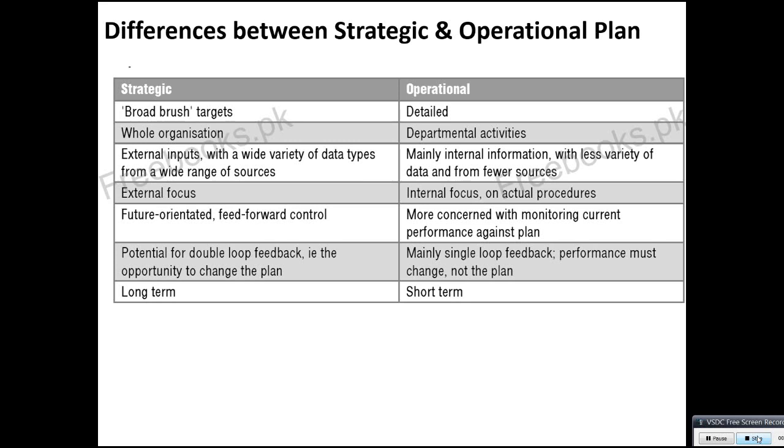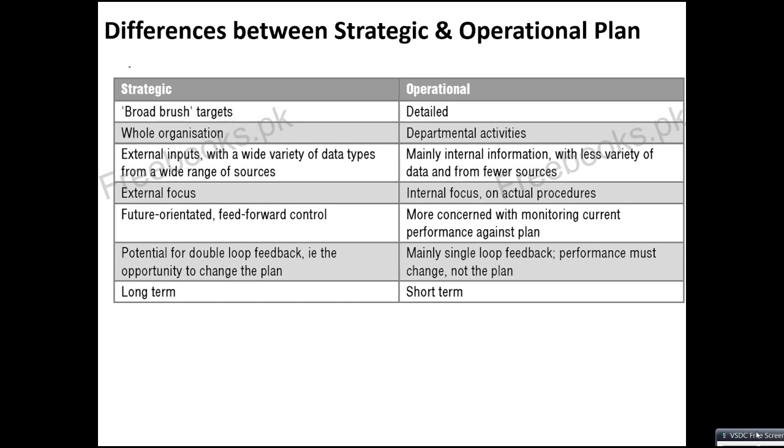Now we can also think about operational planning, because its focus is on more minor things. The focus is on the short term, and they work within different departments. They work mainly with internal information, which is not long term, and external information is not available in different departments.